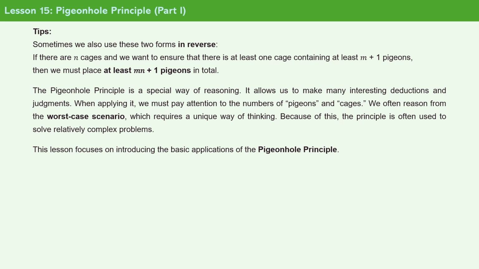When applying it, we must pay attention to the numbers of pigeons and cages. We often reason from the worst-case scenario, which requires a unique way of thinking. Because of this, the principle is often used to solve relatively complex problems. This lesson focuses on introducing the basic applications of the Pigeonhole Principle.